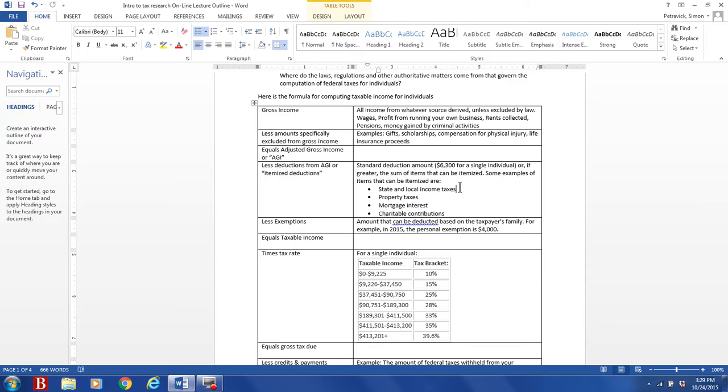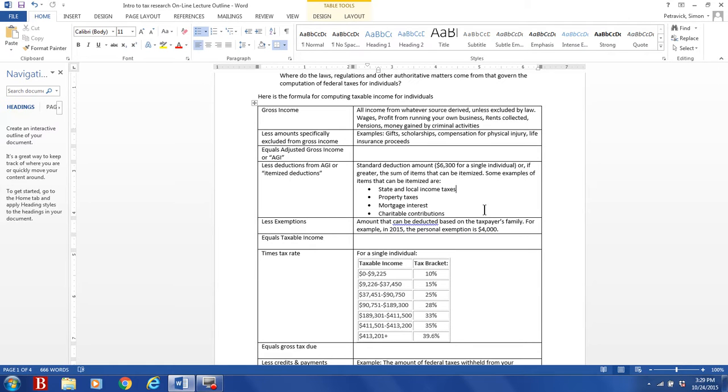Or you can take a second approach and add up the amounts you paid for various items called itemized deductions, and if the sum of those itemized deductions is greater than, in this case, $6,300 for a single individual, you can subtract the greater amount.